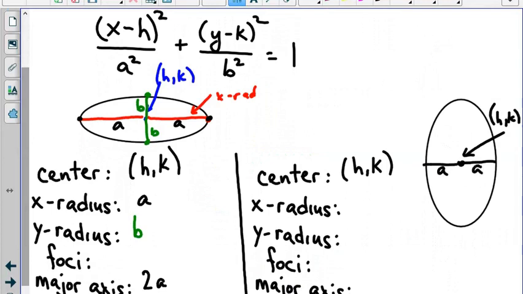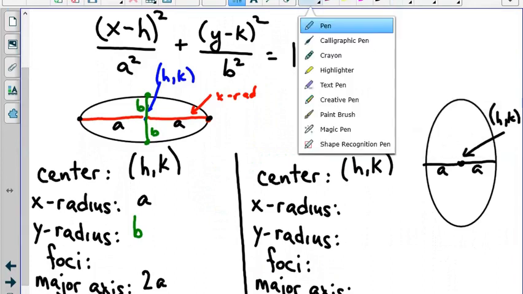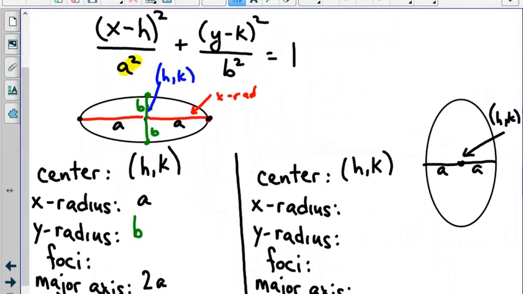So notice that a squared and b squared show up underneath this x minus h and this y minus k. So if we have an example, as we'll see in problems later, for example, if this a squared term is 16, then a would be 4.